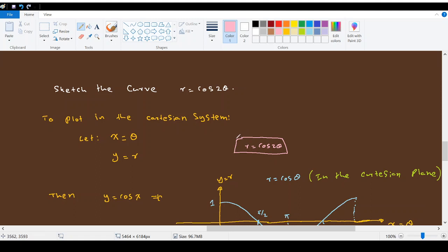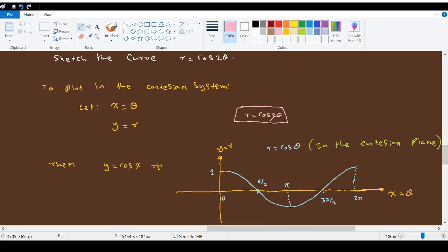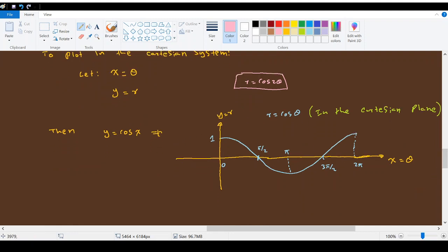Now I explained this in detail in the previous video, so I would highly recommend you go over the previous video, where we drew the curve of r equals 1 plus sine theta, and then come back to this one. Okay, right. So here we again convert everything into the Cartesian system.